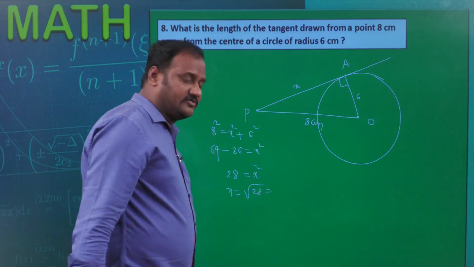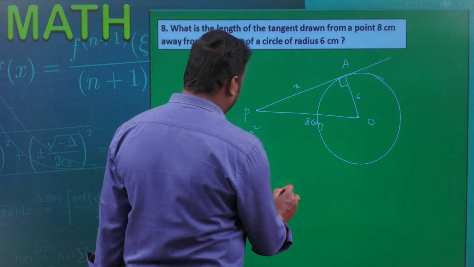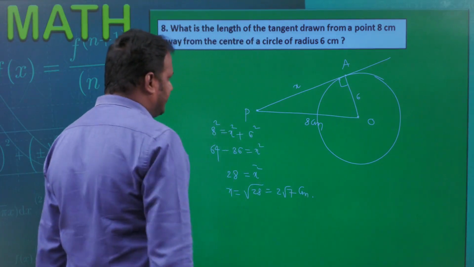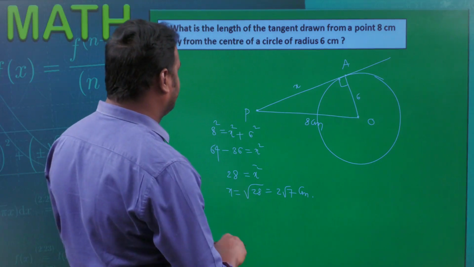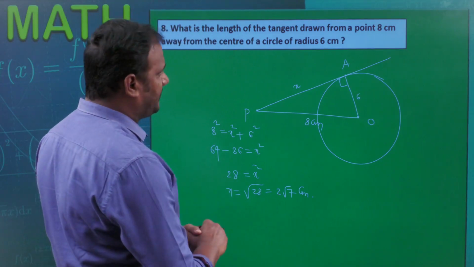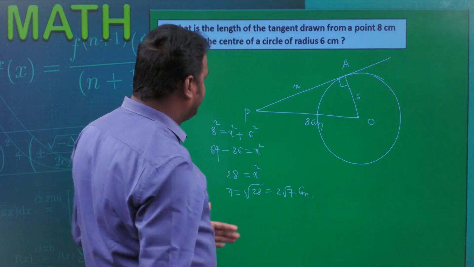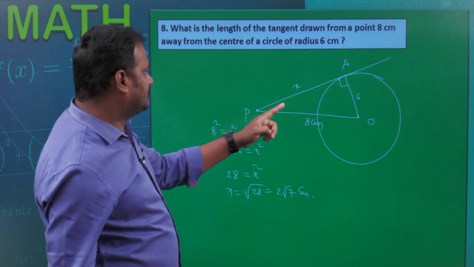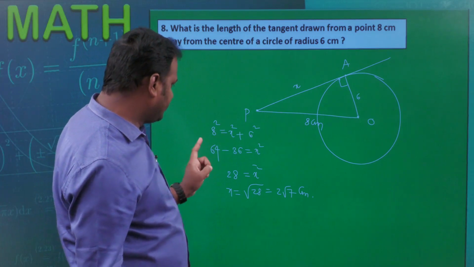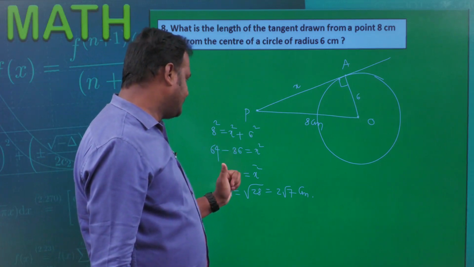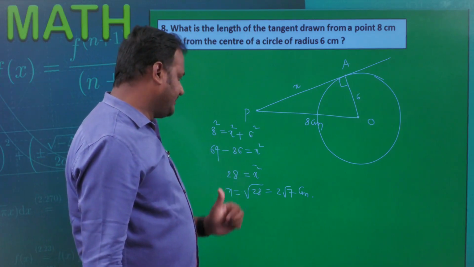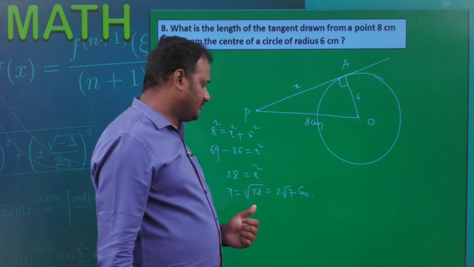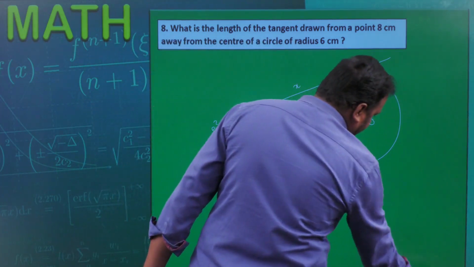So root 7 into root 4 is equal to 2 root 7 centimeters. So that is the length of the tangent drawn from an external point to the circle. You understand? So hypotenuse square equals side square plus side square. 8 square is 64, 6 square is 36. 64 minus 36 is equal to 28. And then square root of 28, since 4 sevens are 28, is 2 root 7 centimeters.